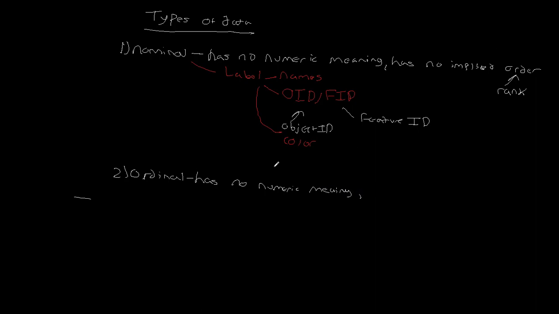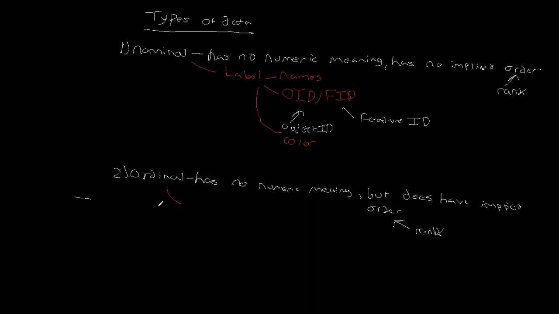But in this case, it does have an implied order. Right? And again, by order here, I mean rank. So let's go ahead and talk about some examples of ordinal. So the way that I always remember ordinal is ordinal has order, right? Nominal is names, ordinal has order.